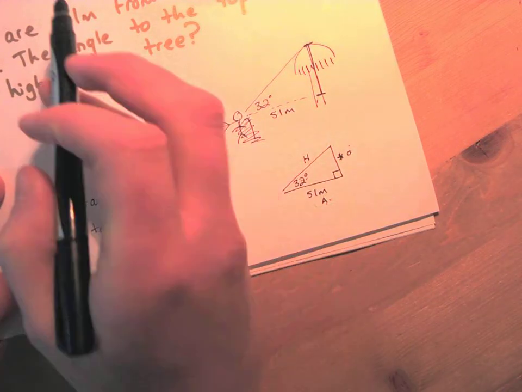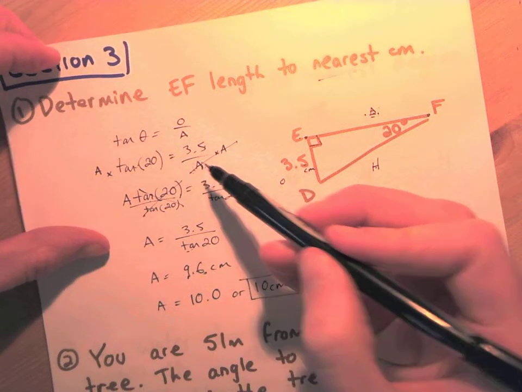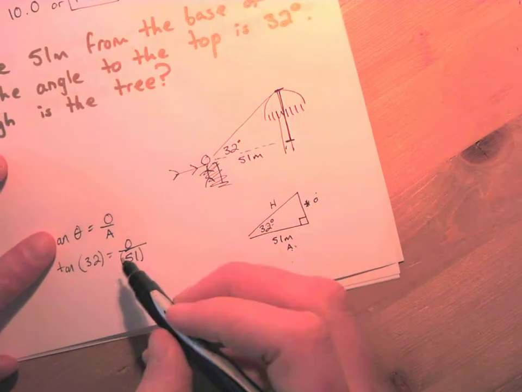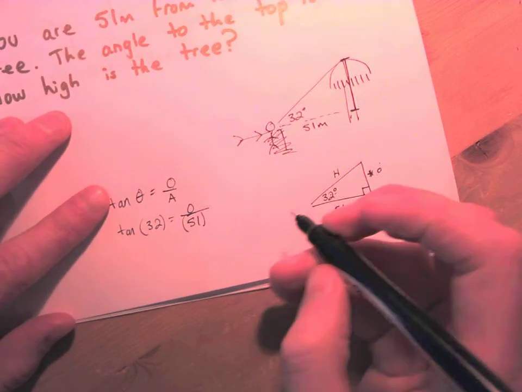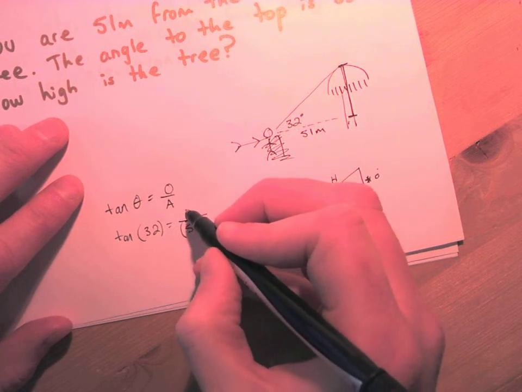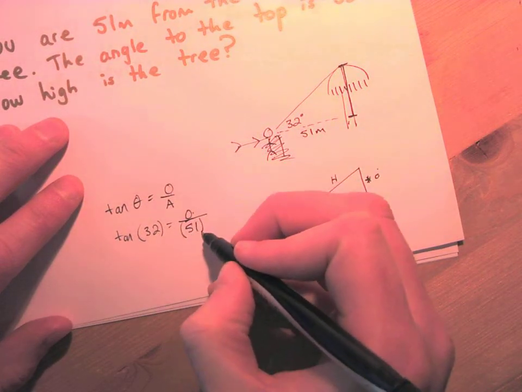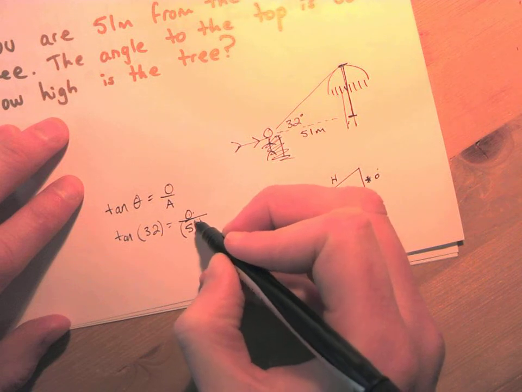Overall, this is different than the one up here, because before we had the unknown on the bottom of a fraction. So this is the other case, where your unknown is on the top of a fraction. In this case, we got to get O by itself, but it's not on the bottom of a fraction, so it's already happy. So let's get rid of this bottom one. Right now, this bottom one is being divided, so let's do the opposite of that.